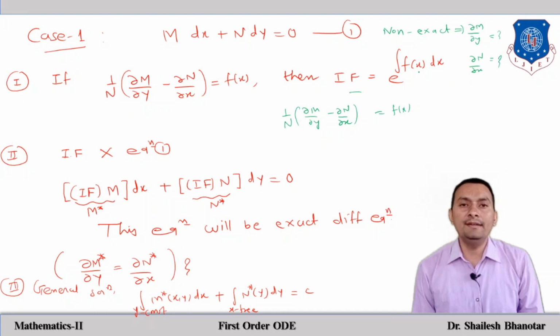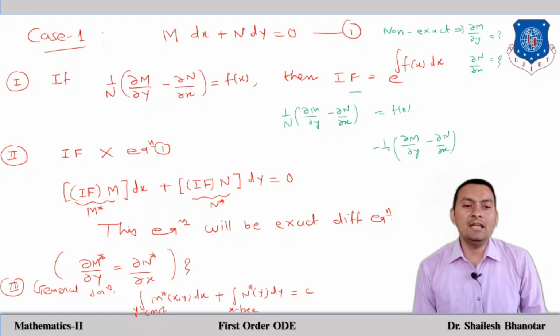But what if it is not a one-variable function? In that case, we multiply del M by del y minus del N by del x by minus 1 by M, and if we get a one-variable function, say g of y, then this is case number 2, which we will discuss later on.